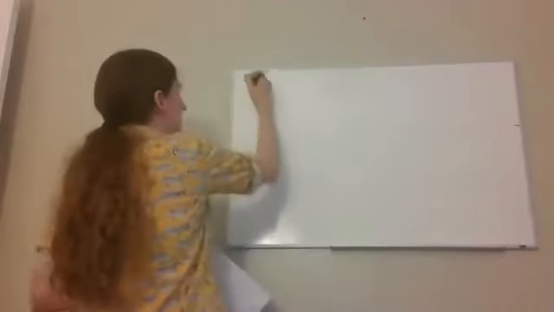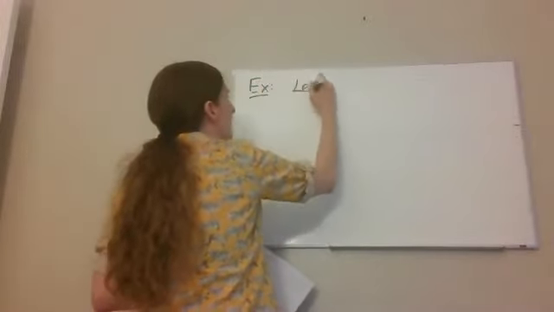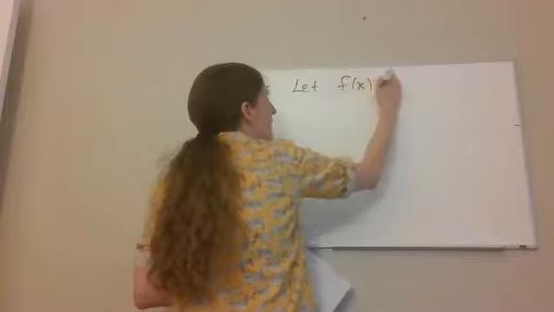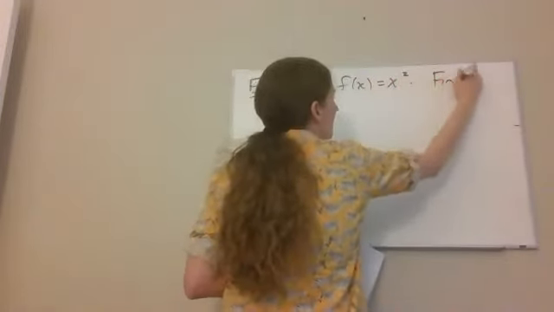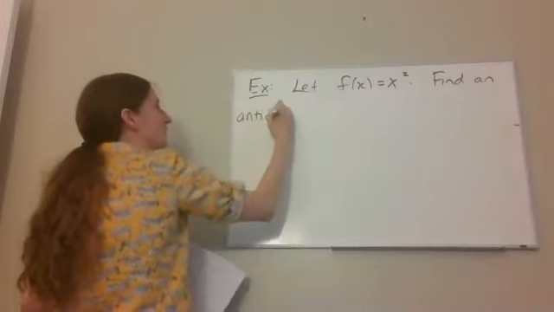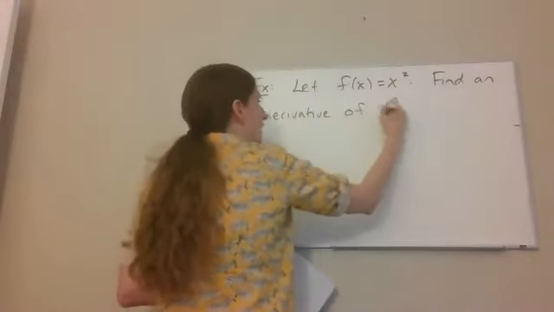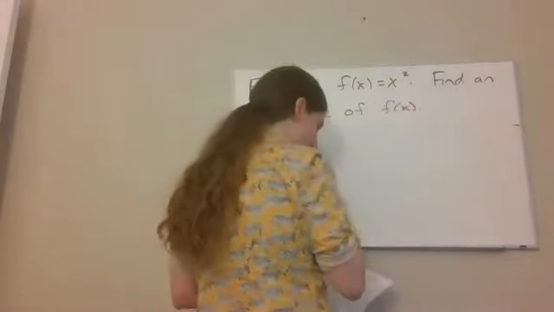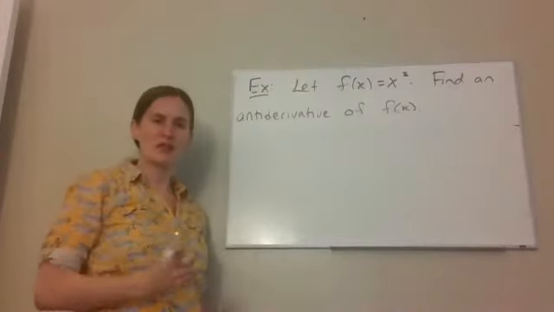Let's just start with little f equals x squared, and we want to find an antiderivative of little f. Well, let's first think about taking derivatives.